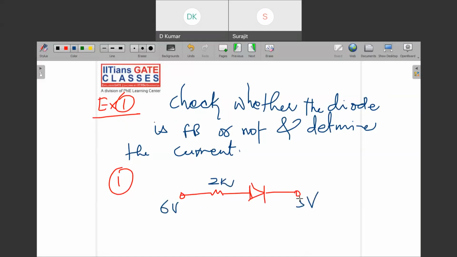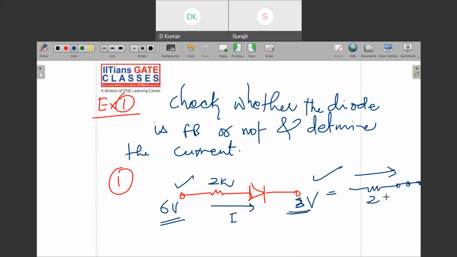The source is 3 volt, and this is current I. Can you tell me whether the diode is on or off in this case? Yes, sir, on. Yeah, because you have to see these two potentials: 6 volts is greater than 3 volts. So this will be on and the diode will be replaced by a short circuit like this and the current will flow.